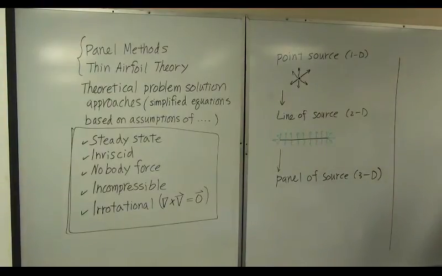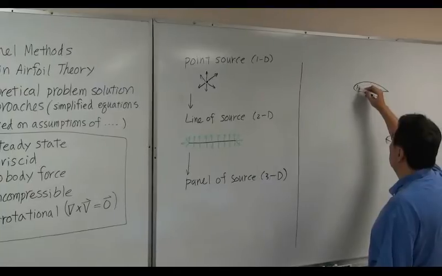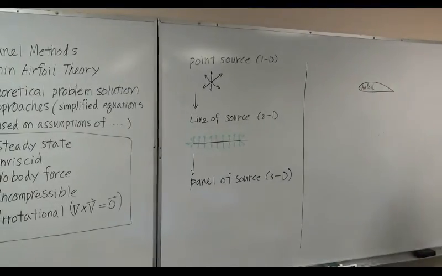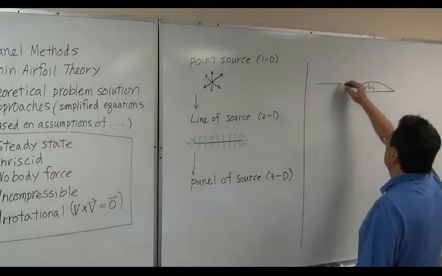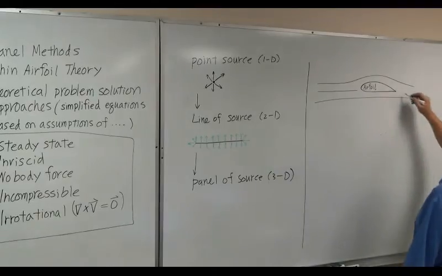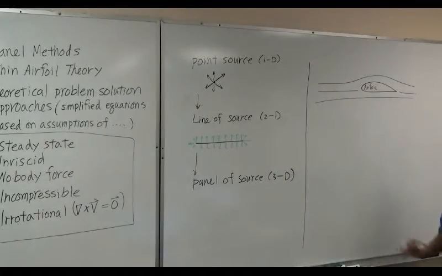If you want to analyze a flow over this kind of body, this is called an airfoil. The flow is incoming and goes over it, just like so. I want to analyze the flow field around this airfoil.